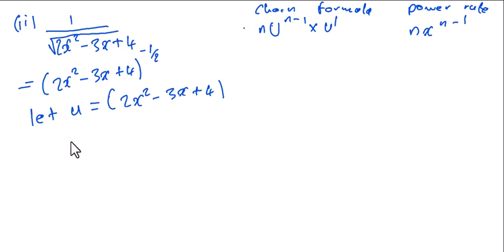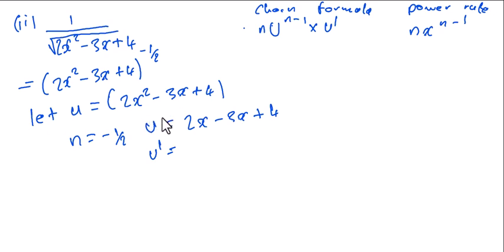We know that our n is negative 1 over 2. Okay, then what is our u? Our u is 2x squared minus 3x plus 4. So our u prime is going to be what?